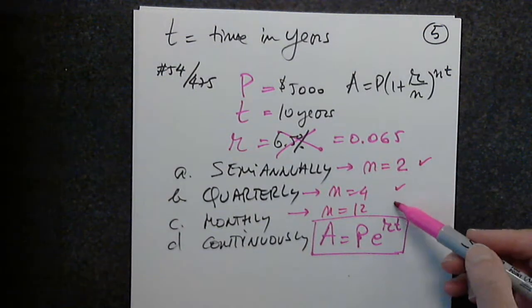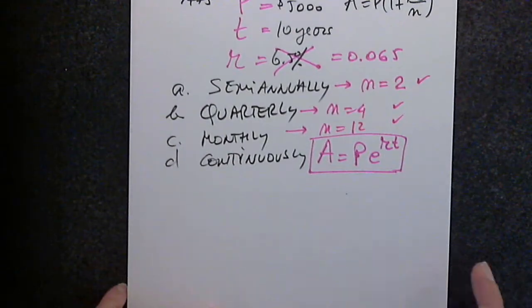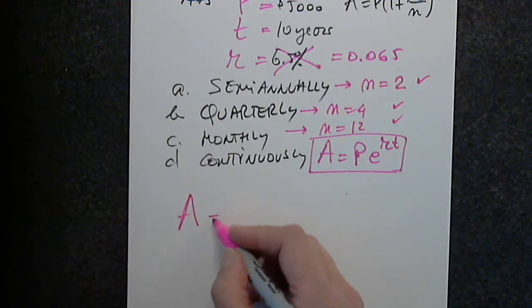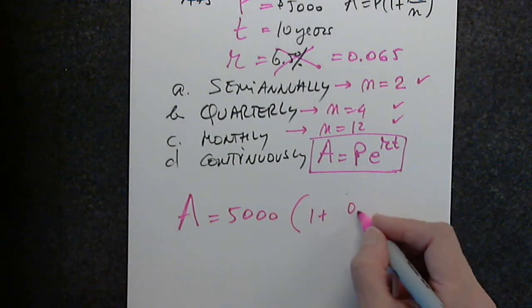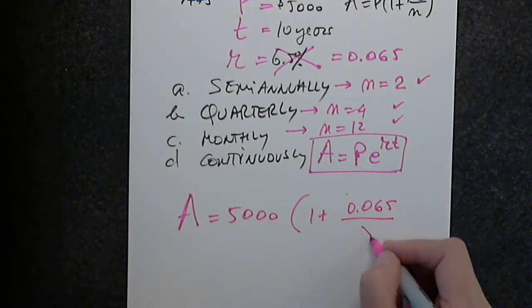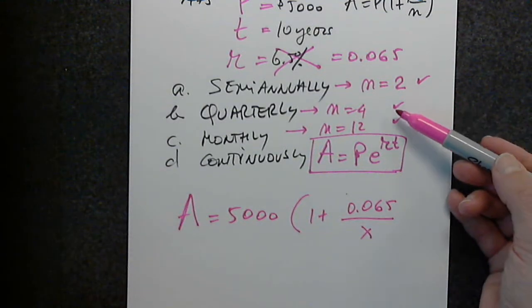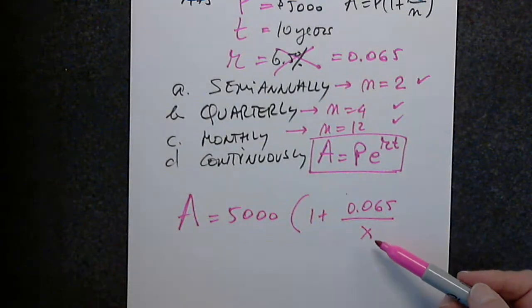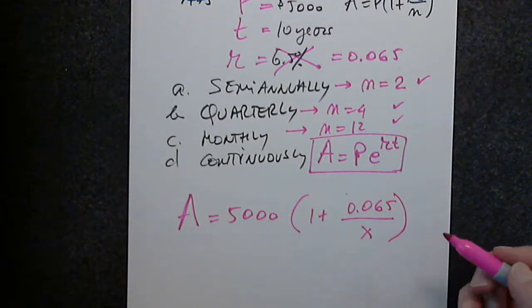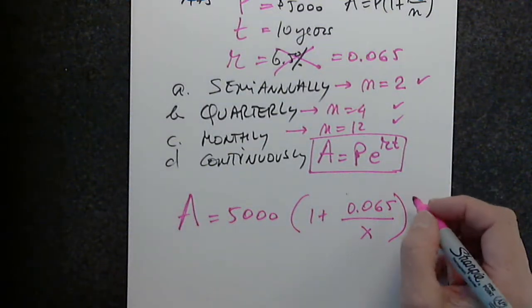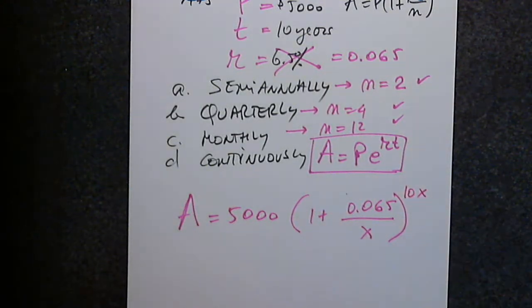Because this is what changes in all of them, I'm going to create a function which is 5,000 in parentheses 1 plus 0.065 divided by x, because x will be 2 and then 4 and then 12. Why do I put x and not n? Because the calculator doesn't have n. And the power is 10x.